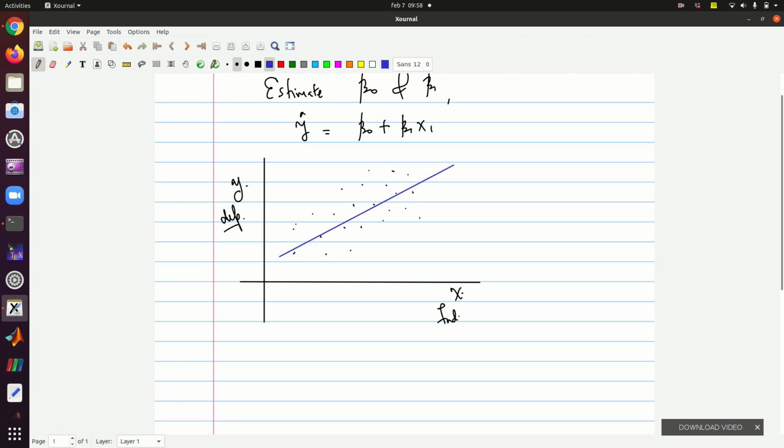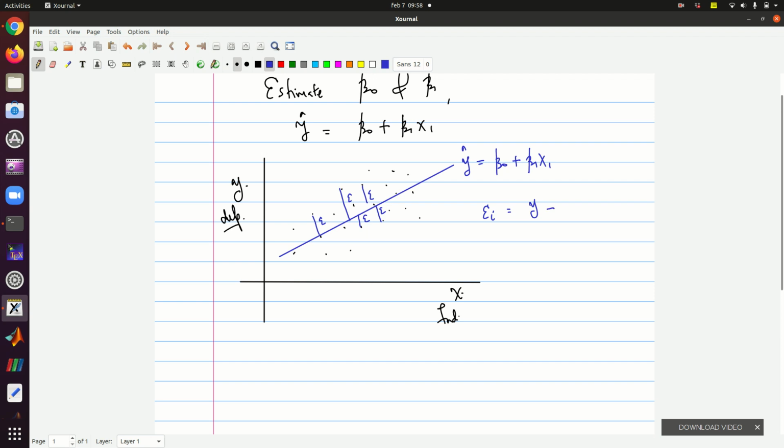So we said last time that this line, which we are now going to call y hat, is of course a straight line, so it will follow the equation of a straight line. We can say beta naught plus beta 1 x1. The idea we said here is that we find the line such that all these epsilons, any particular epsilon, is the difference between the observed value and the predicted.